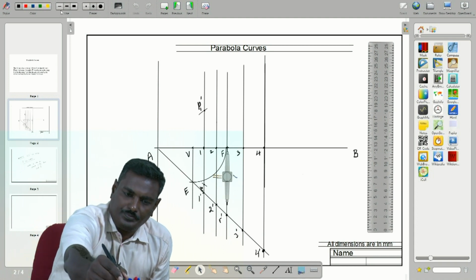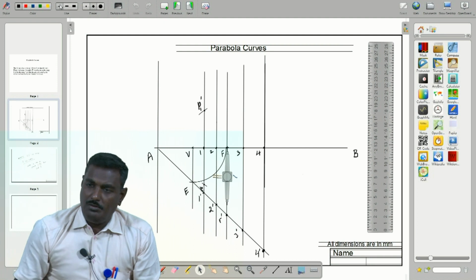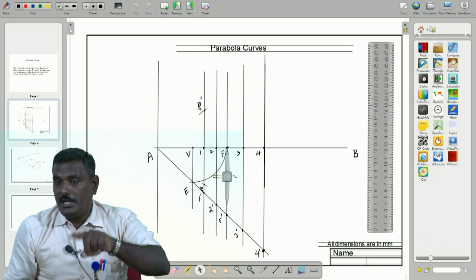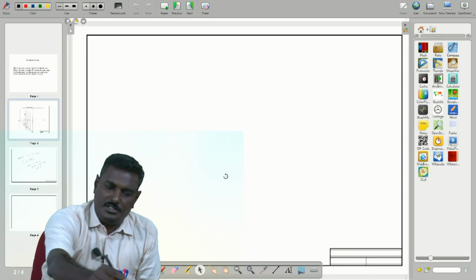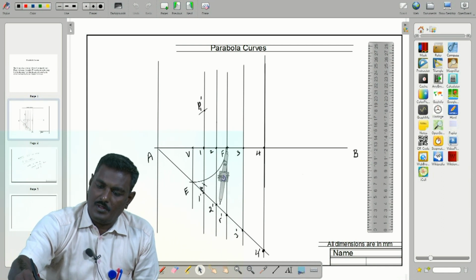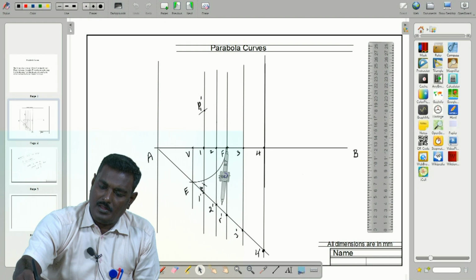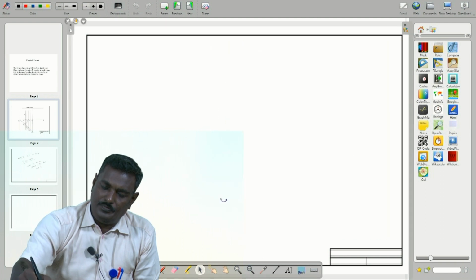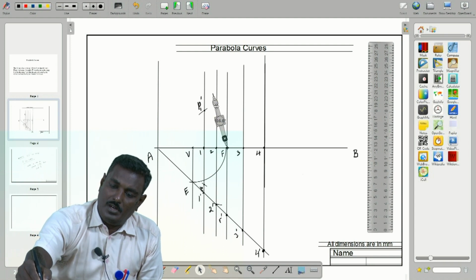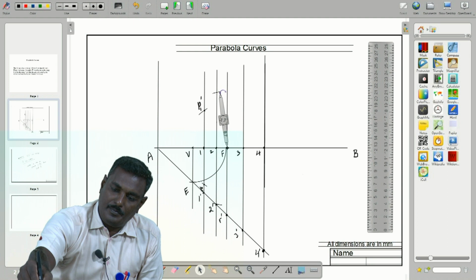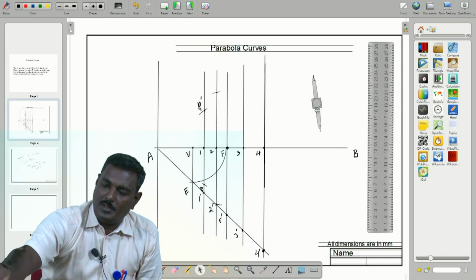Make an arc to intersect the line from 2, on both sides.